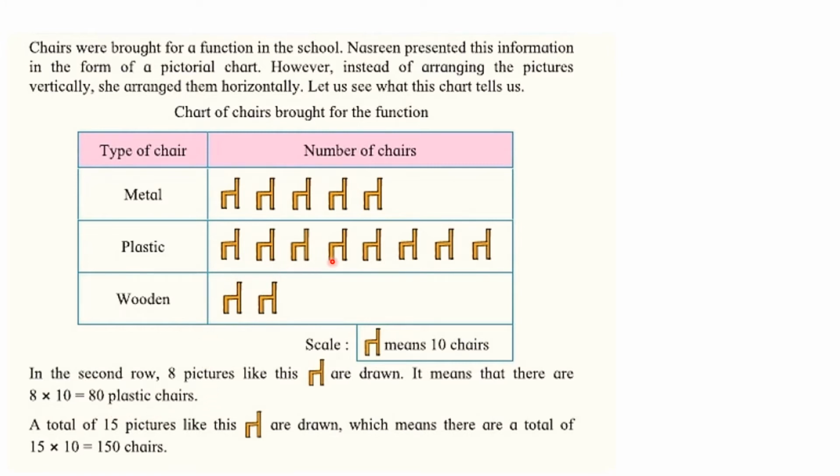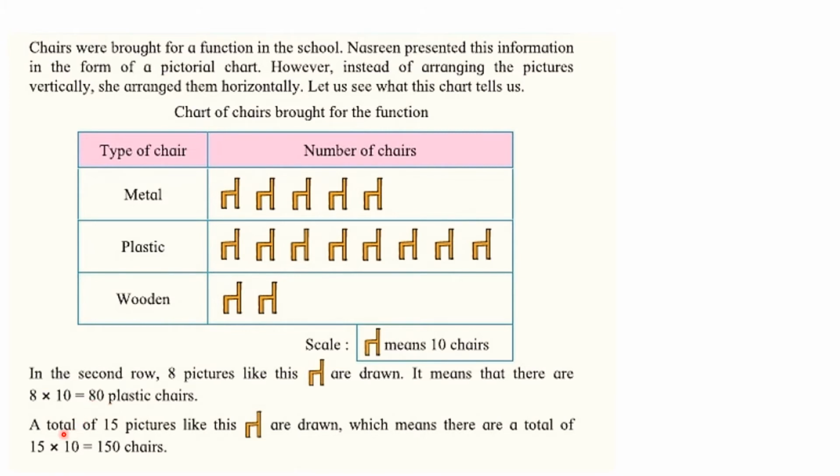As the picture given here is 8, so this picture we will multiply with the scale given, that is 10. Each picture means 10 chairs. So 8 into 10 we will get the answer 80. So total number of plastic chairs are 80.